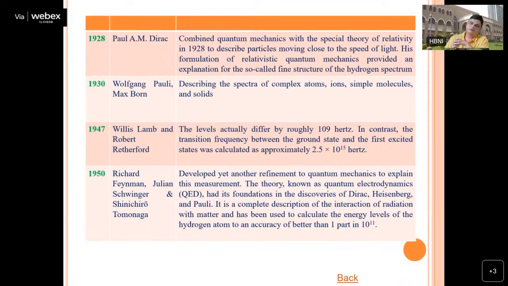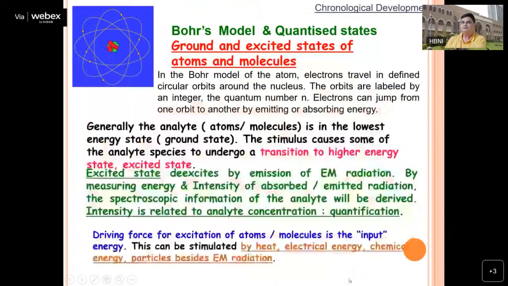This is the basis of the quantification: the interaction of electromagnetic radiation with the metals, and how we use the signatures coming from the various atoms for detection as well as quantification.